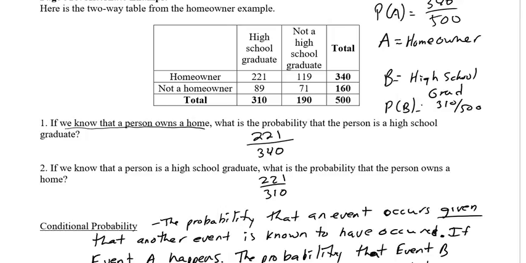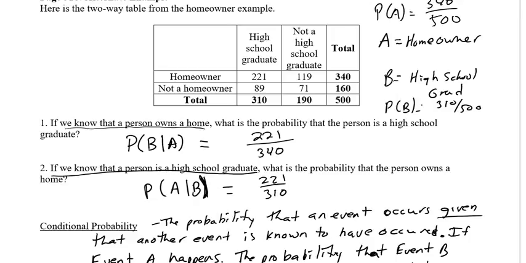So it'd be the probability that they're a high school graduate, so that's the probability of B given A, which is 221 over 340. Like I said, that's what we did already. Now, in this one, if we know the person's a high school graduate, so now event B has already occurred, so this is the probability of A given B. We know that the person is a high school graduate, and we calculate the probabilities. That is conditional probability.